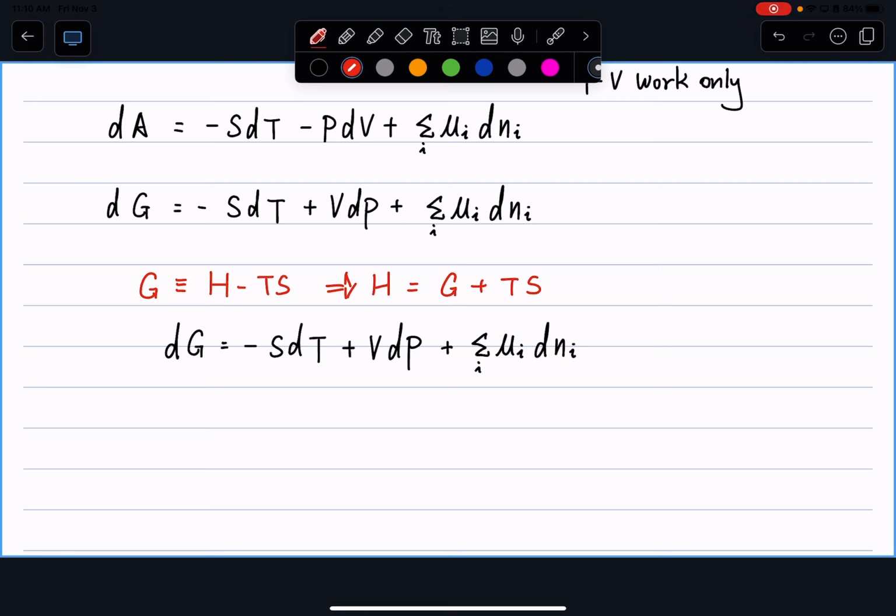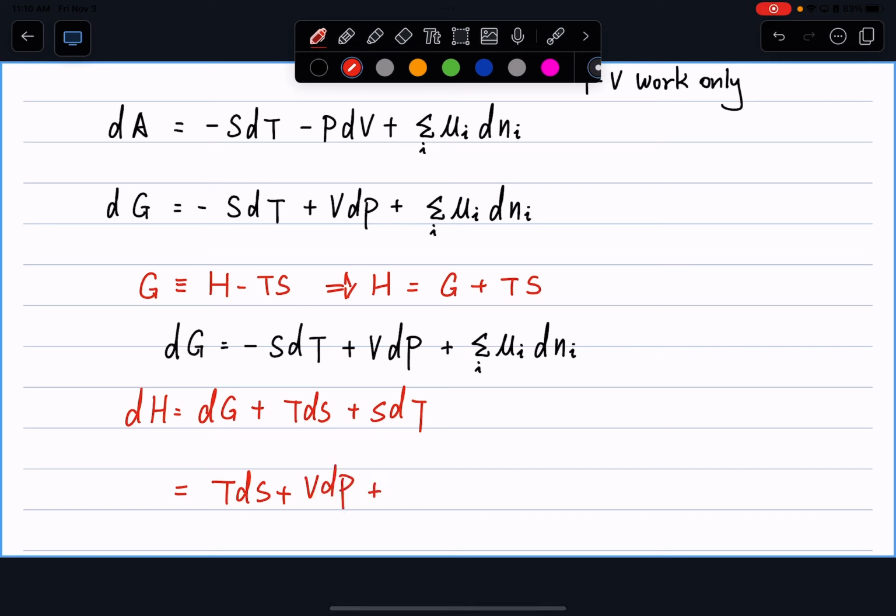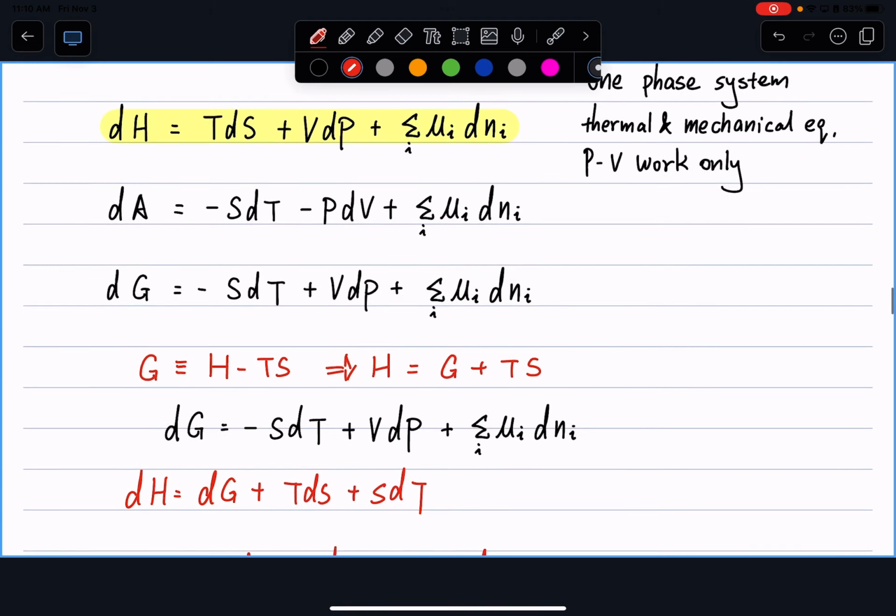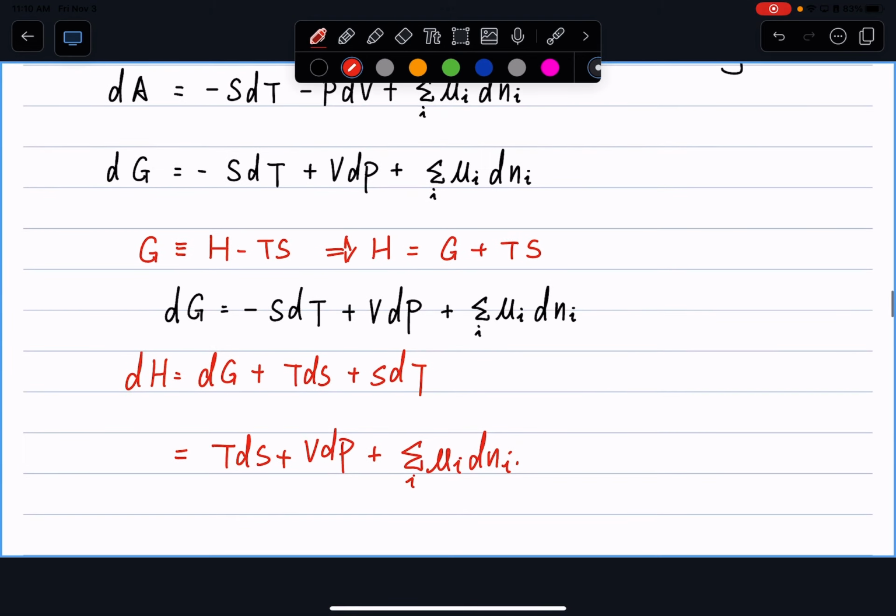So what that tells us is we can write dH equals dG plus TdS plus SdT. And some of the terms cancel out. We get TdS plus VdP plus our chemical potential term. And that's the expression we have up there.